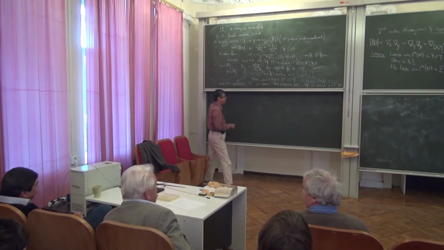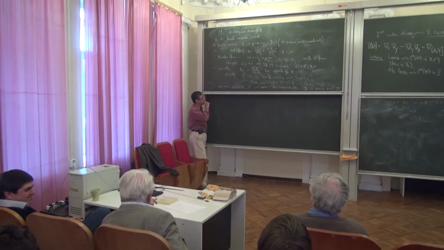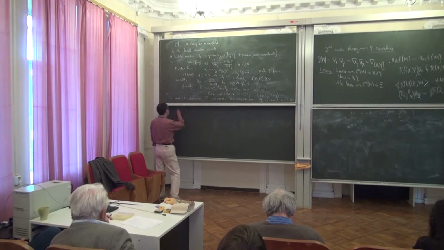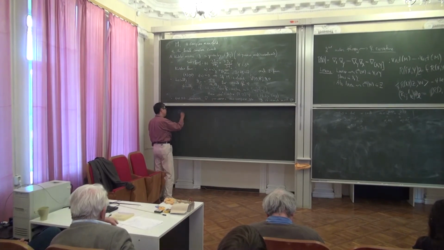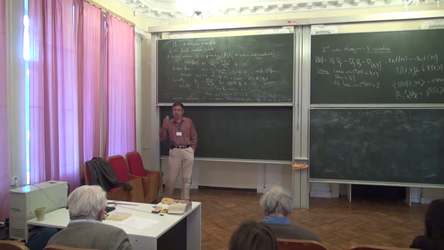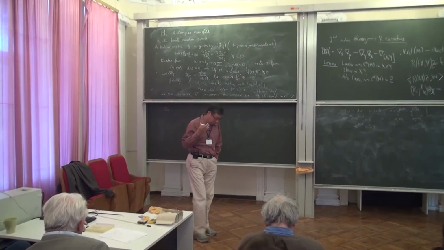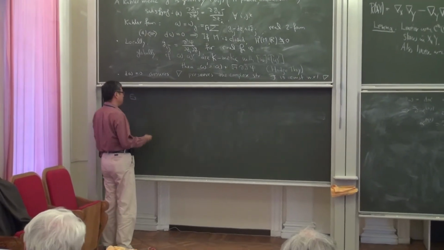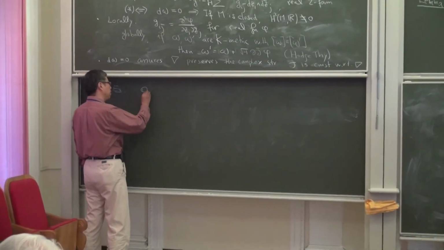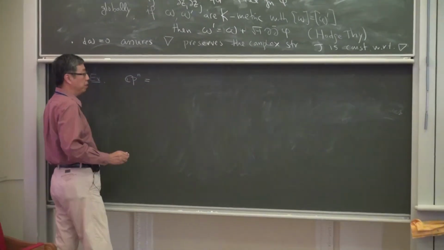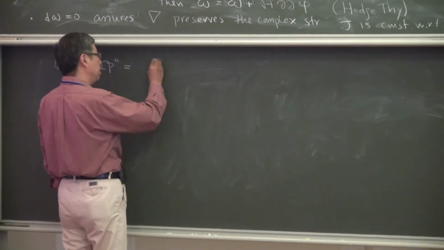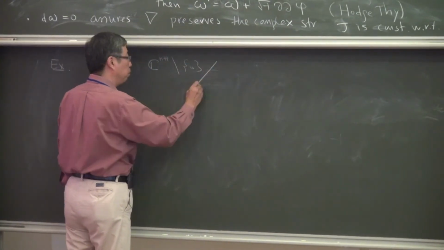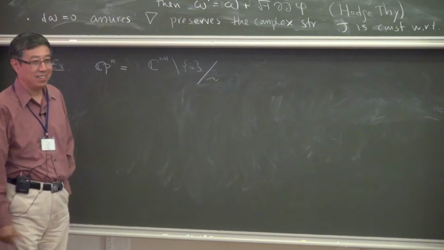Okay, thanks. So now let me give you some examples. In Kähler geometry, the simplest example, or say homogeneous example, is complex projective space, which is defined to be C^(n+1) minus the origin, quotient by this. Any questions?